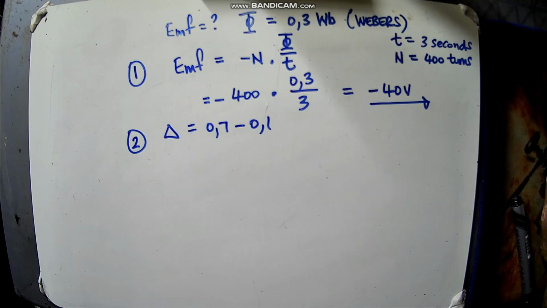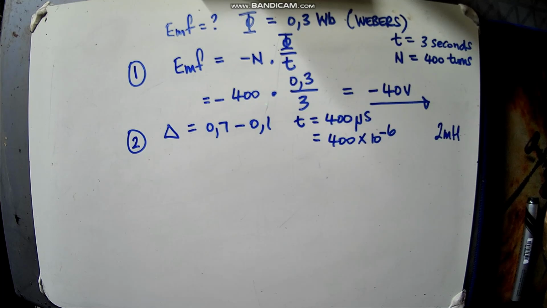Converting that into amps, we'll get 0.7 all the way to 0.1 amps. Then we have the time. The time is 400 microseconds, which will be 400 times 10 to the minus 6. And then we are given 2 millihenries. So 2 millihenries, that's probably going to be the L in the formula.